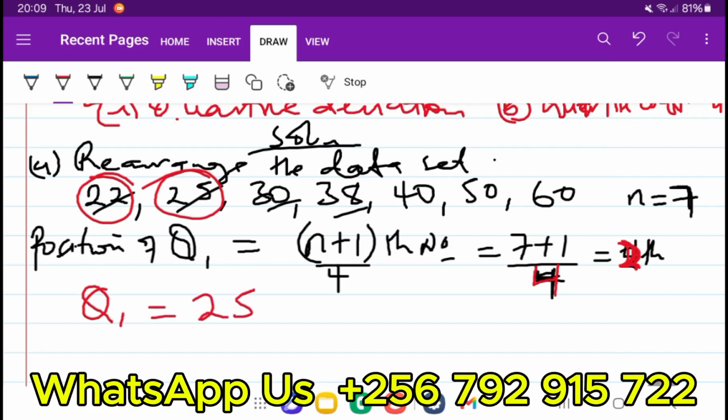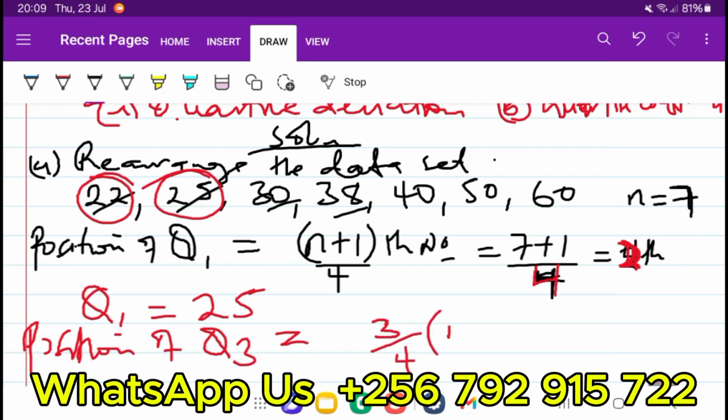25. Then we get the position of Q3. Position of Q3 will be equal to 3 over 4 times n plus 1th number, and this will be 3 over 4 into 7 plus 1.